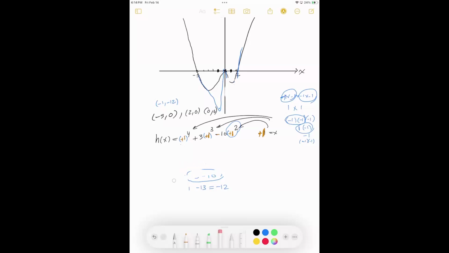We are substituting positive 1 for x and see what we get. So 1 to the power 4 is 1 times 1 times 1 times 1, which is 1. 1 to the power 3 is 1 times 1 times 1 is 1.